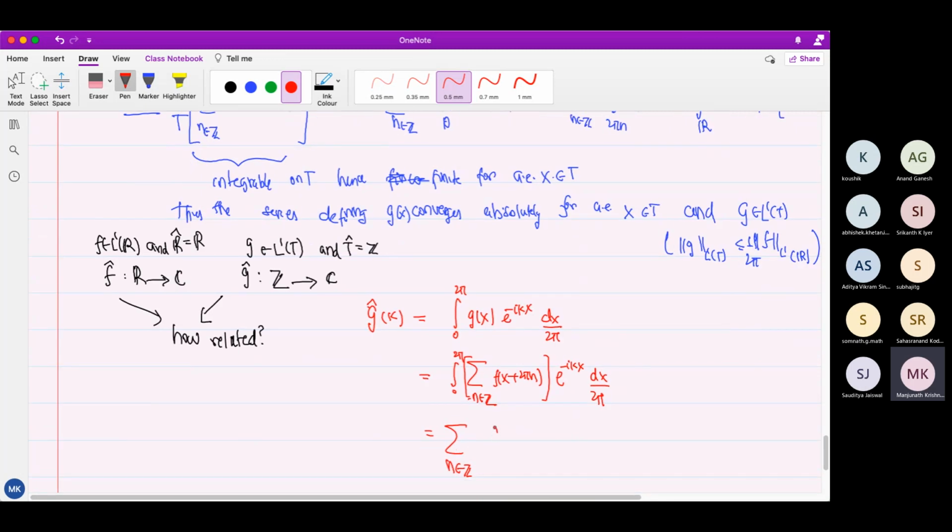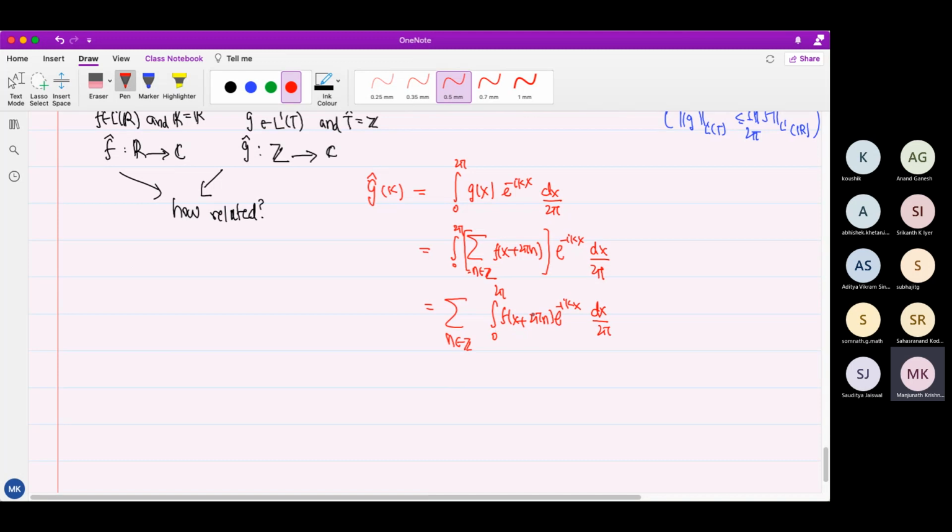So anyway, this has absolute value 1. So we can do it the other way, and then we will get the sum over n of the integral from 0 to 2 pi of f of x plus 2 pi n e to the minus i k x dx over 2 pi. Now what is that thing? So this x plus 2 pi n, let's call it y.